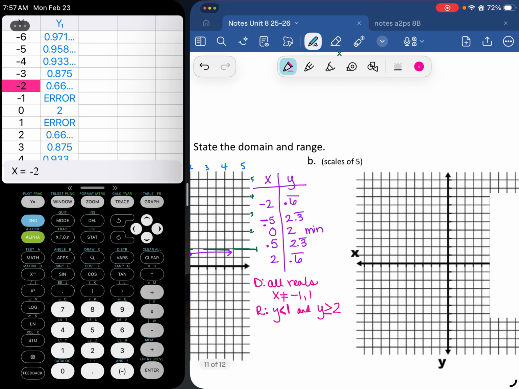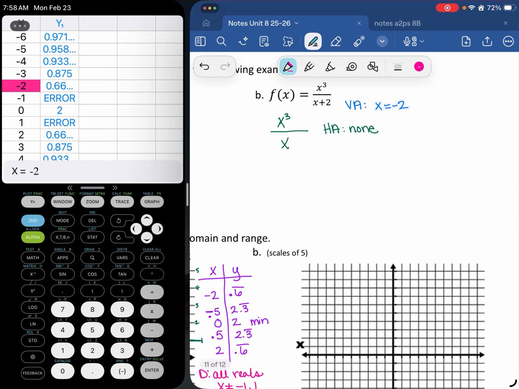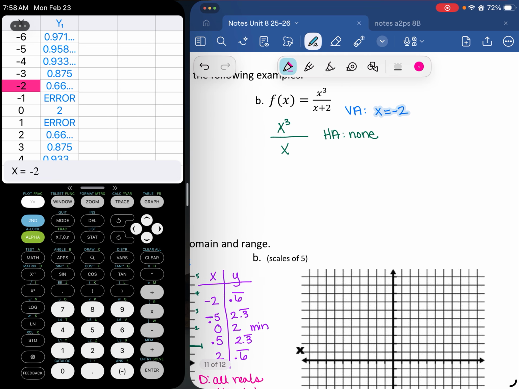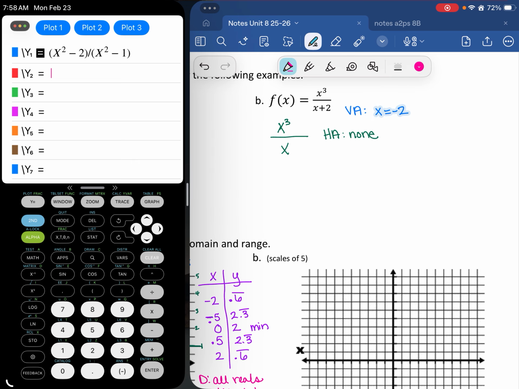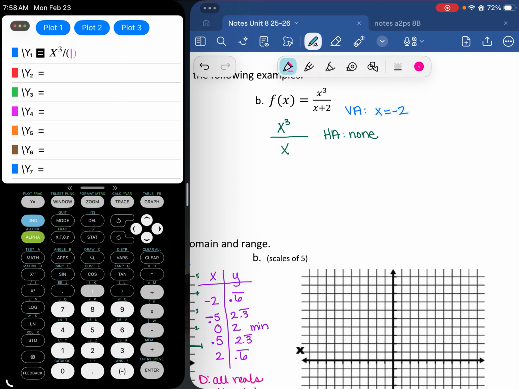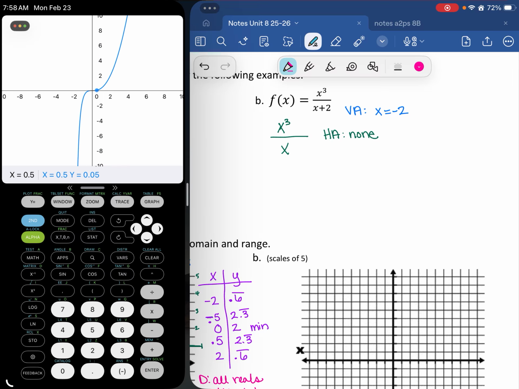This one over here, we are actually going to skip, but I do want to show it on the calculator. But due to the scaling and everything else, I just want to get to the next part, so then you guys can work on your homework. So we would go x cubed divided by parenthesis of x plus 2. And if you hit your graph, you would have a funky loop thing. Okay?